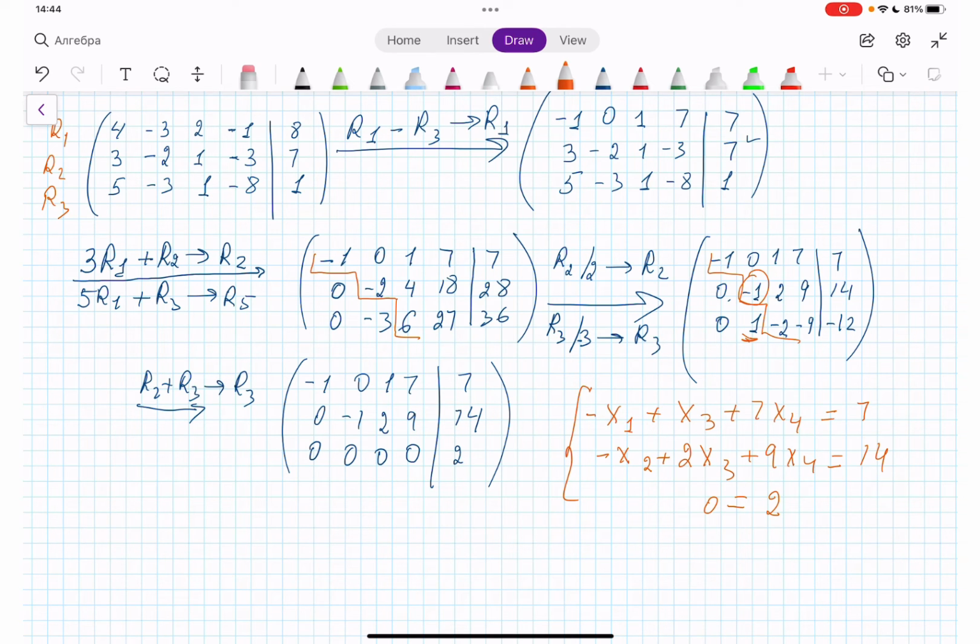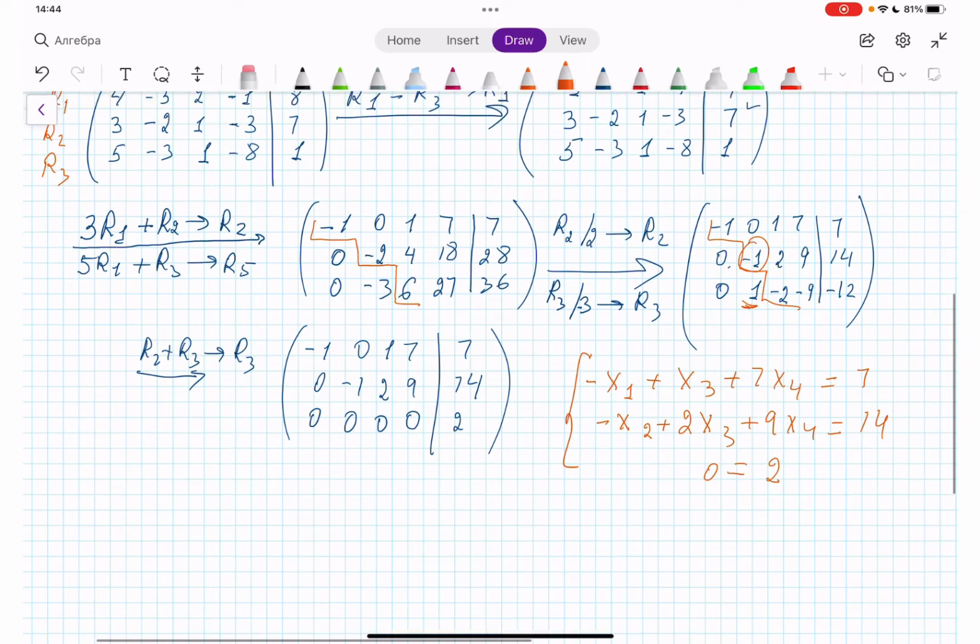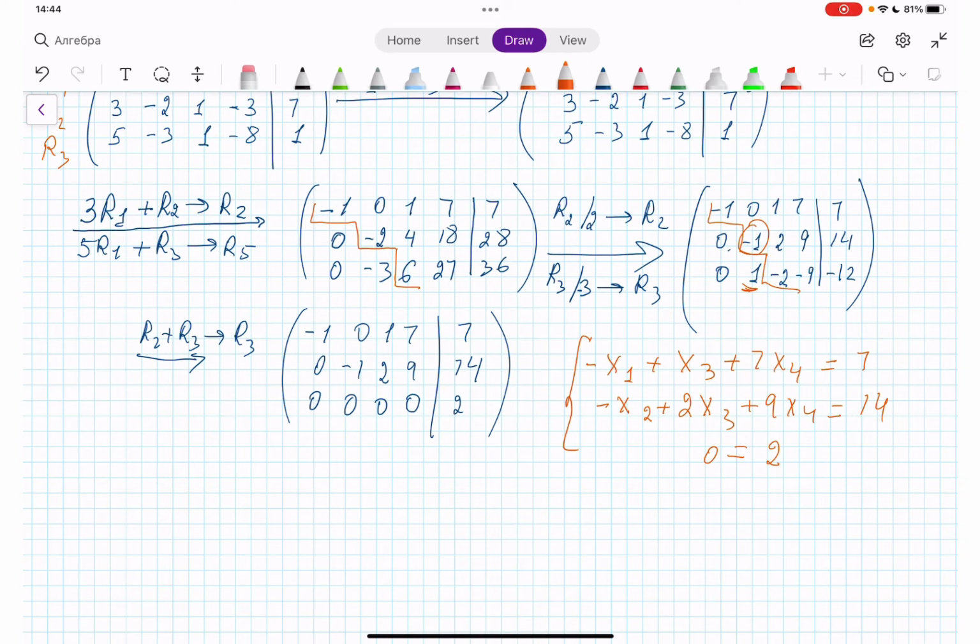Okay, so as a result, we are getting here the fact that 0 is equal 2, which is not gonna happen, right? So therefore, we are saying the system has no solution, which is system is inconsistent. Okay.